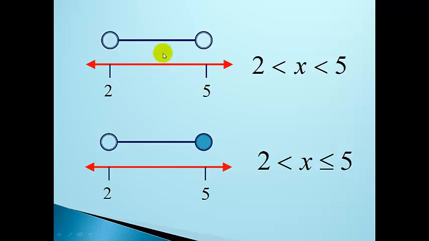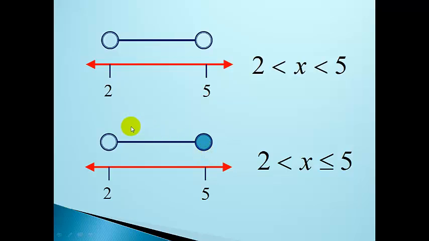This means that it's between 2 and 5. Take note that the circles at 2 and at 5 are not shaded because 2 and 5 are not included.